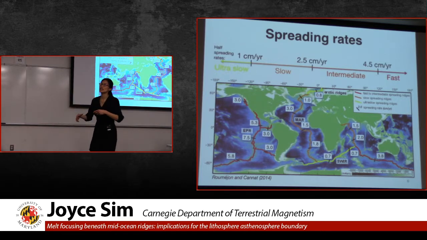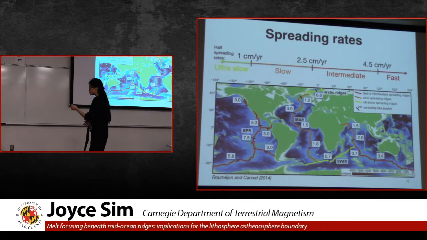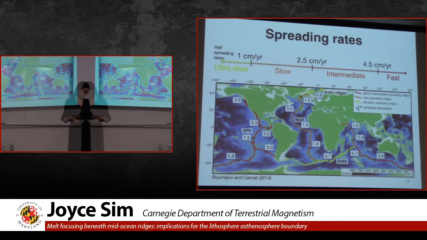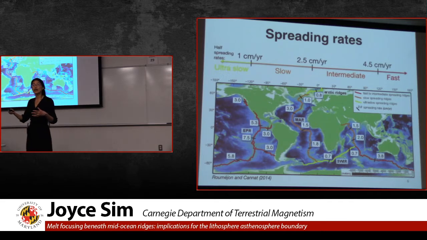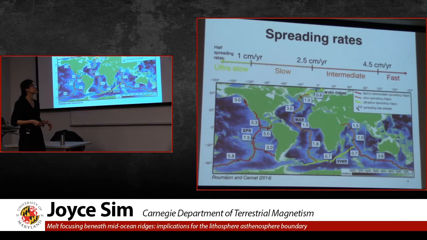All these numbers differ depending on who you talk to. Some people like to place the numbers at different places. But really what it tells us is that places like East Pacific Rise are spreading the fastest. And then at places like Gakkel Ridge, it's spreading at very slow rates. And perhaps that can tell you something about what's going on at the plate interface and what you actually see on the surface.